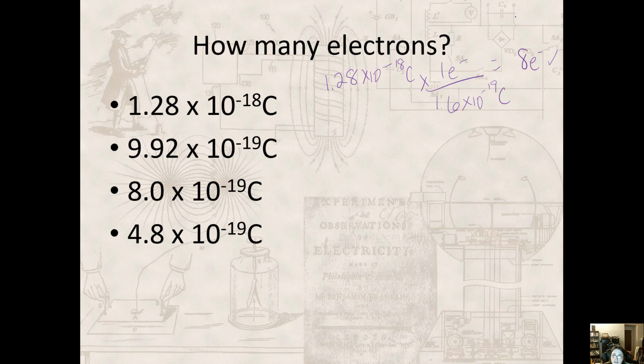So this is allowed. And then we can move on to this one. This is 9.92 times 10 to the negative 19th coulombs. Dividing by 1.6 times 10 to the negative 19th coulombs per electron is equal to 6.2. This is not allowed.